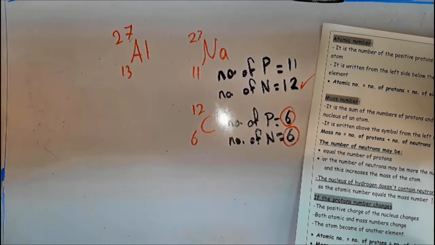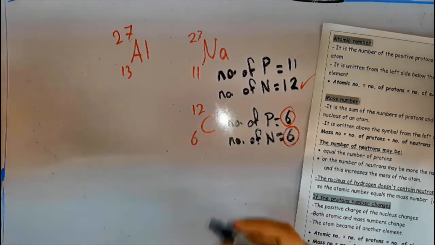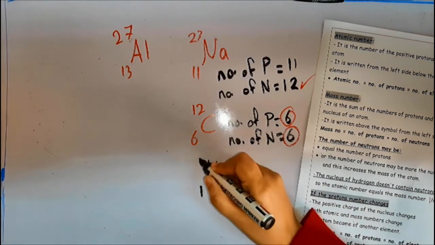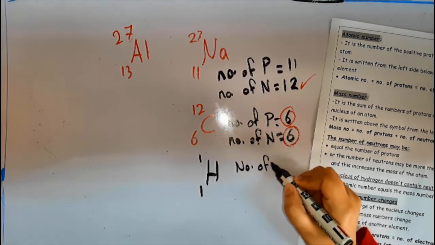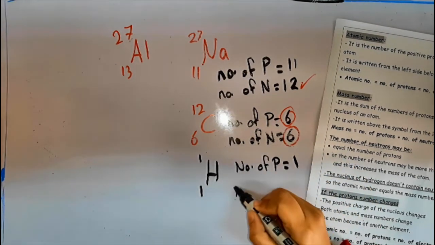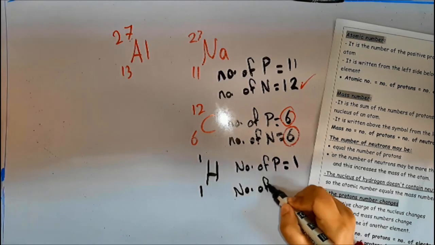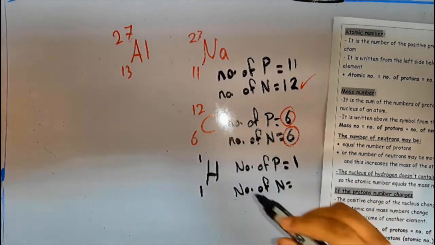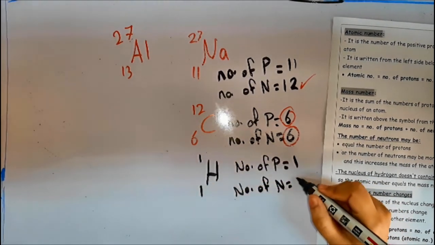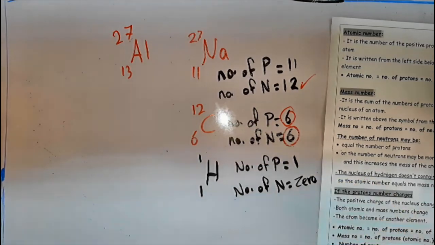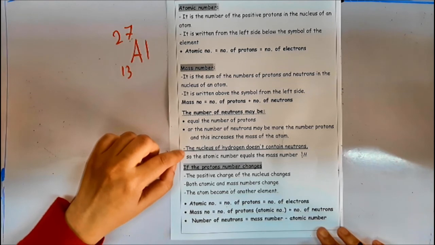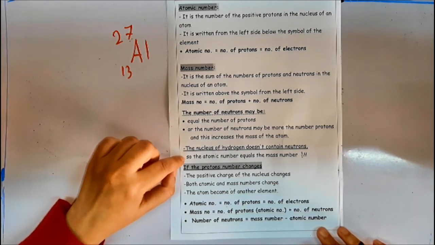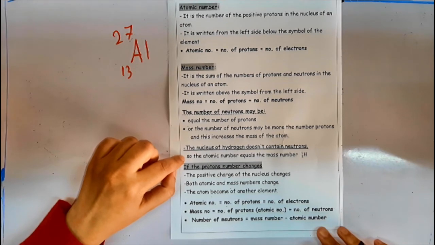And as you remember, hydrogen is the only case that has no neutrons. Number of protons here equals 1 and number of neutrons, I will make mass number minus atomic number, so it equals 0. The nucleus of hydrogen doesn't contain any neutrons, so the atomic number equals its mass number.